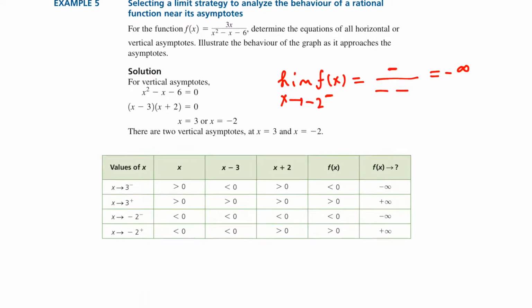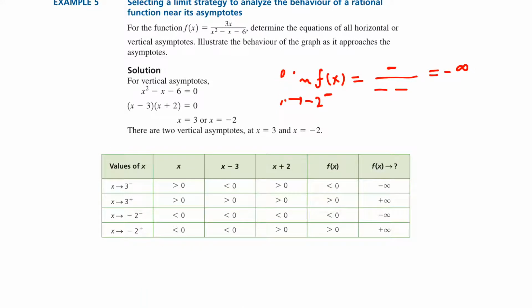Next question. For the function f of x equals 3x over x² minus x minus 6, determine the equation of all horizontal or vertical asymptotes. For vertical asymptotes, we set the denominator to 0: x minus 3 times x plus 2 equals 0, so x is either 3 or negative 2.